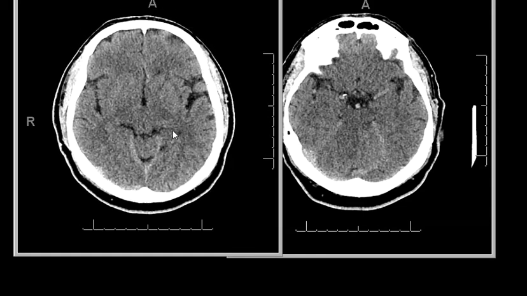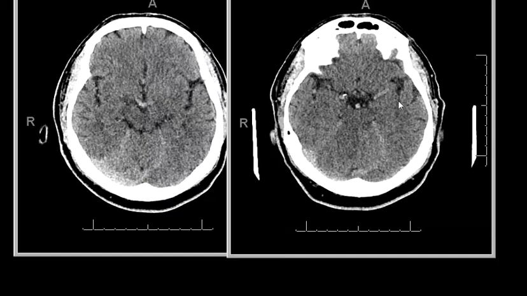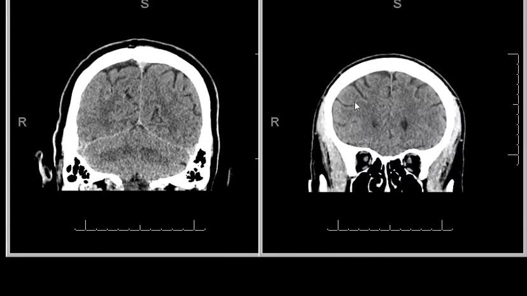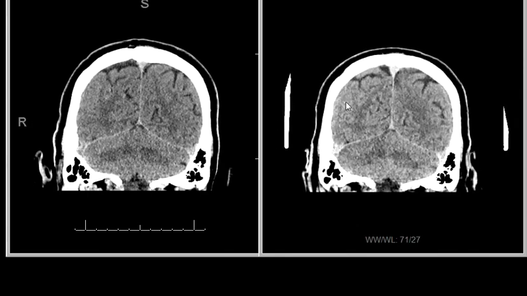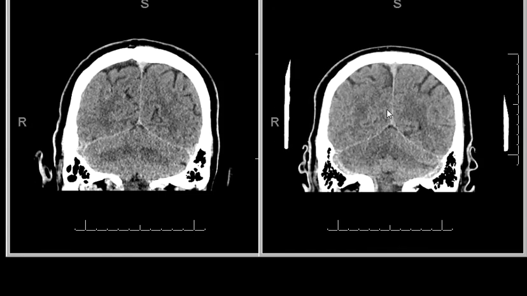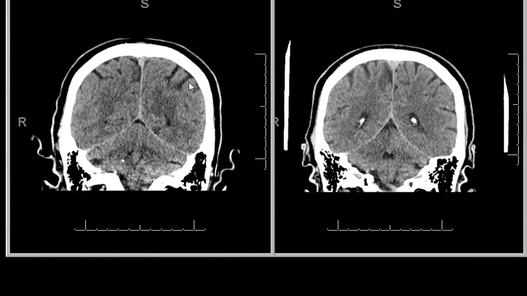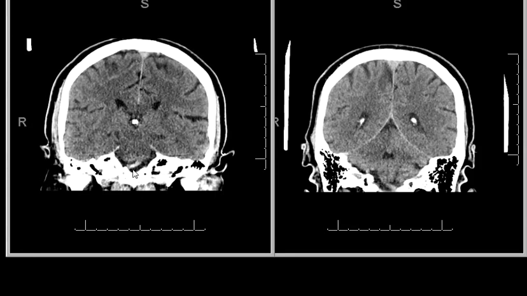This is what the superior cerebellum looked like previously at 3:40 in the morning. This is 8:30 in the morning. This is 3:30 in the morning. This is 8:20 in the morning. So there's evidence of basilar artery territory stroke.